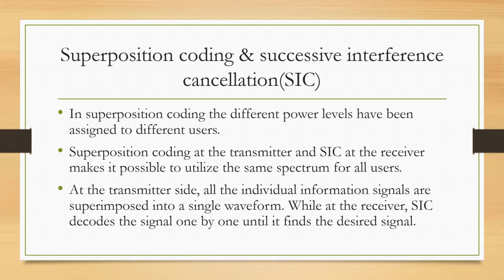And then their signals are multiplied with their power levels, and then added together to get a superimposed transformed wave, which then can be transmitted as a NOMA encoded signal for the purpose of communication.